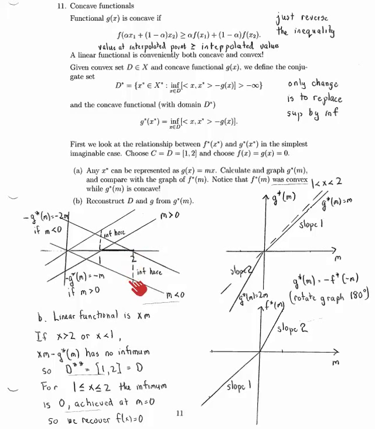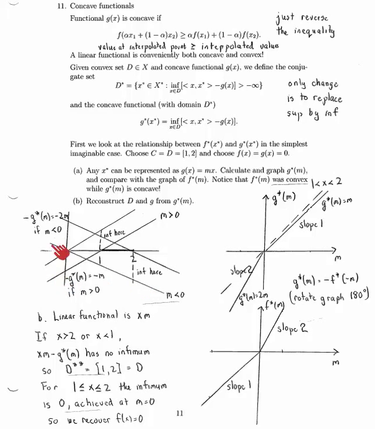And the value of the functional m times x, with negative m, is fairly far below this graph. How far below is it? It's 2m below.